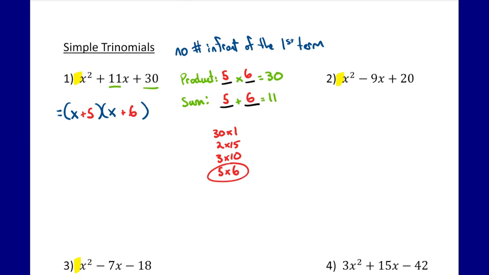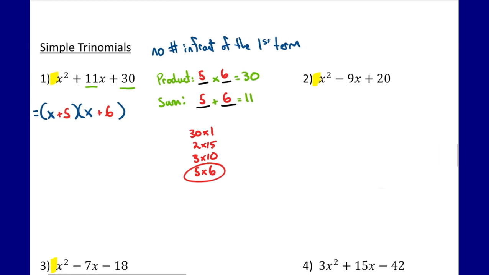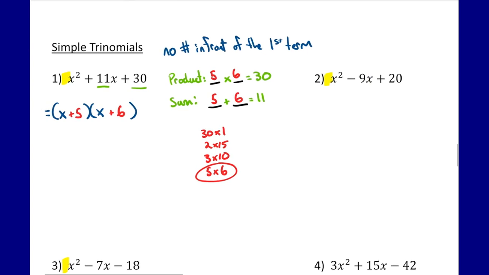So x plus 5 times x plus 6 are the two numbers that would go in, and this is our factored form. So a little bit more work, right? This is where knowing your times table is really helpful because it helps you kind of think of those numbers quickly. So you might not have to write them all down or go through all those steps. You might just be able to pick out the numbers right away.